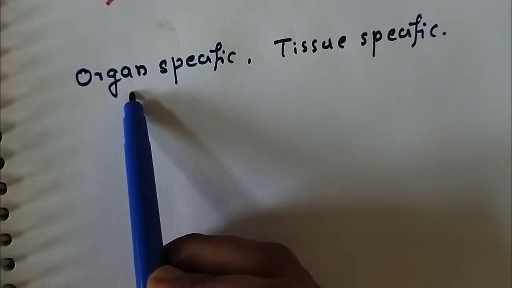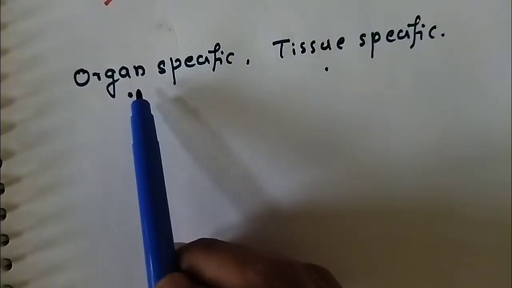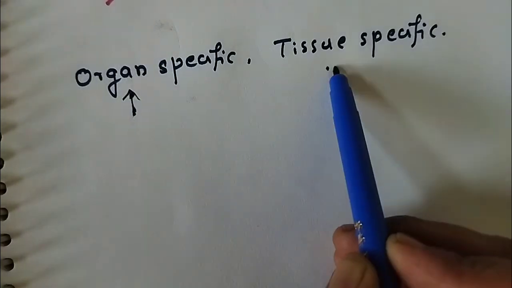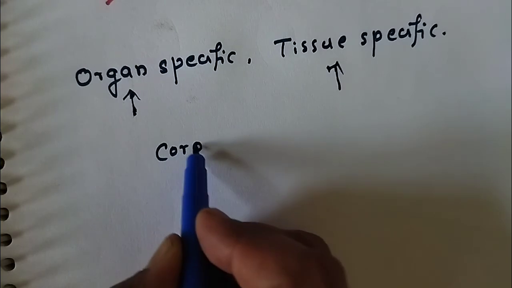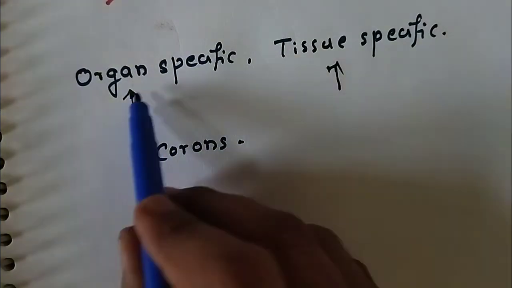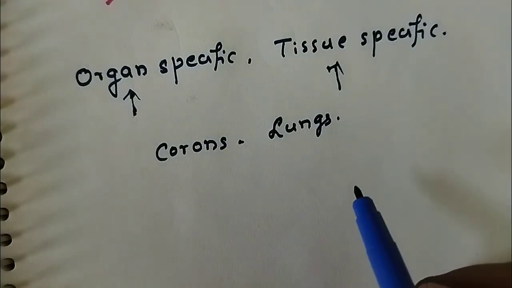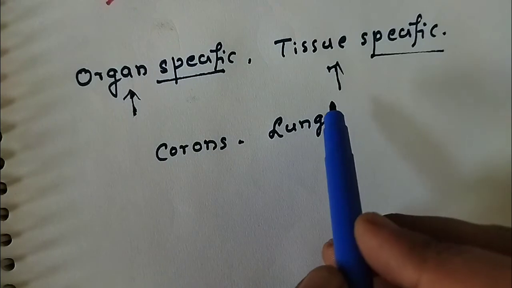Organ specificity or tissue specificity means that these viruses can attack only particular organs and particular tissues. In the case of coronavirus, it attacks the organ lungs.